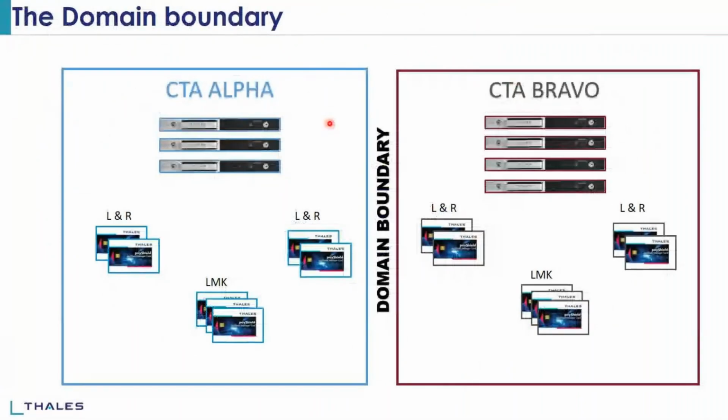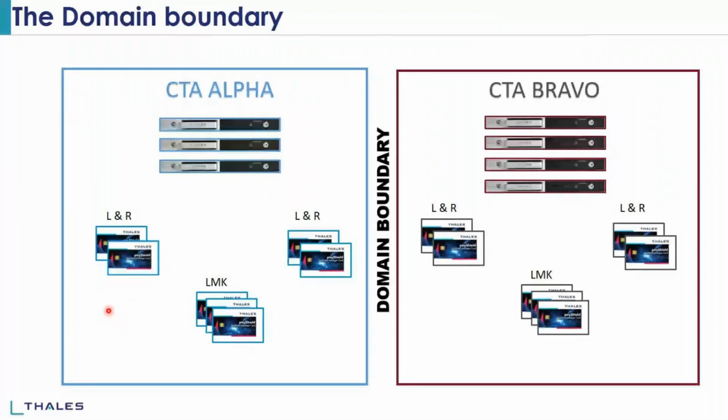If you see this demonstration here, you have a CTA Alpha, you have a CTA Bravo, and multiple PayShield 10Ks: 3 PayShields in CTA Alpha, 4 PayShields with CTA Bravo. You have multiple left and right administrator cards, and multiple LMKs. So with the help of this domain boundary, you can use the left cards here.